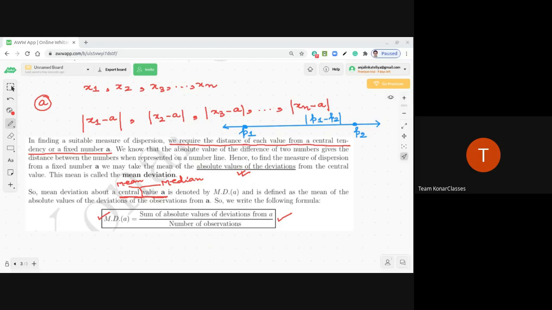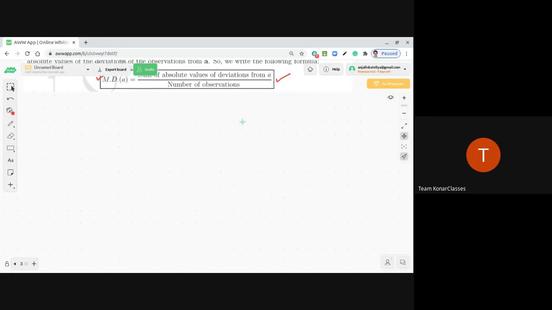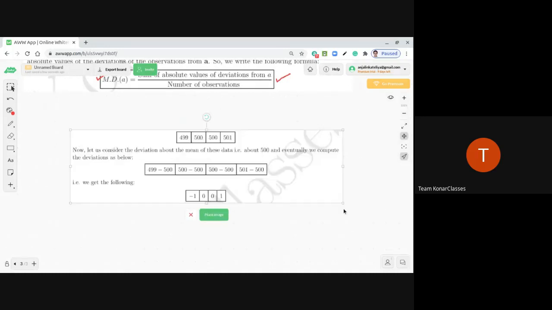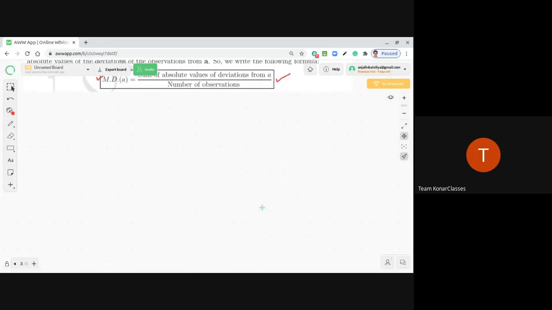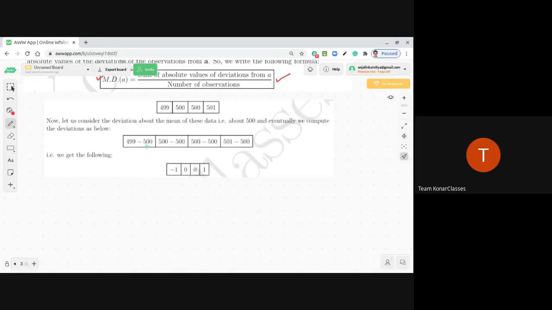So this is the previous example. I am taking it here, but I will modify it a little bit, because we need the sum of the absolute values of deviations. So what is the absolute value? These are the data sets, and we found the mean is 500.